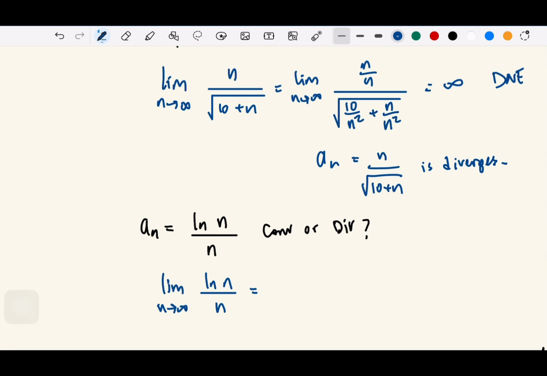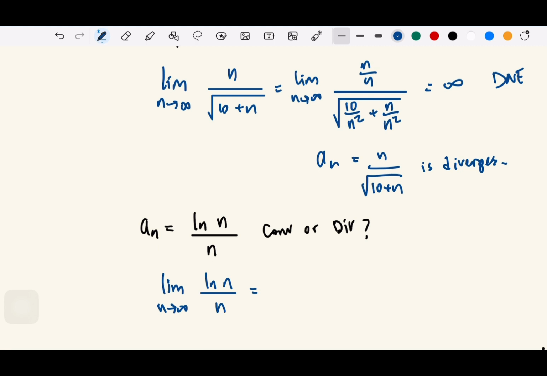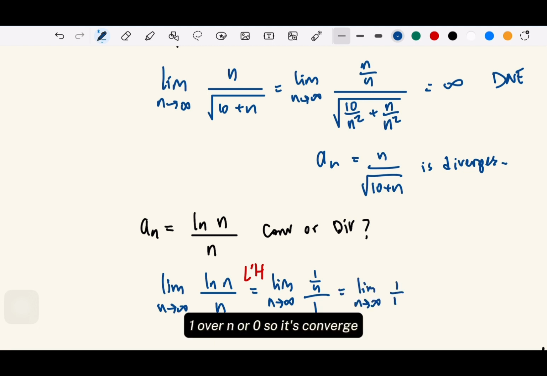What's the value? Anyone? Remember? 0? Yeah, it's 0. So we can use L'Hopital's rule. This means we differentiate the top and differentiate the bottom. So this will be 1 over n, or 0. So it converges.